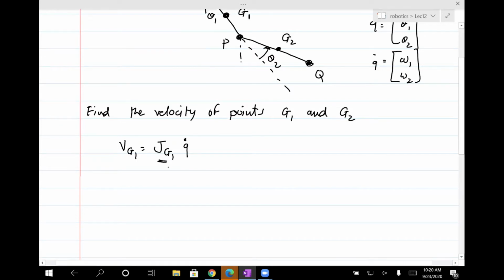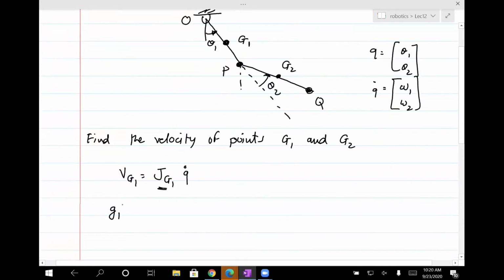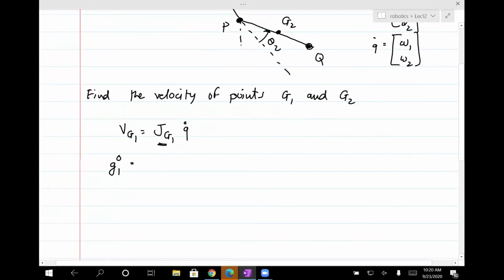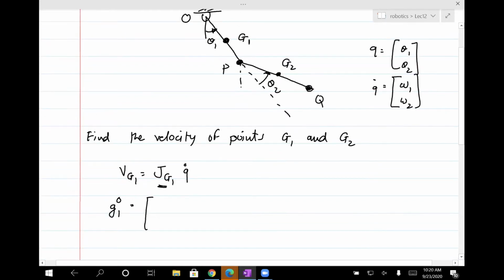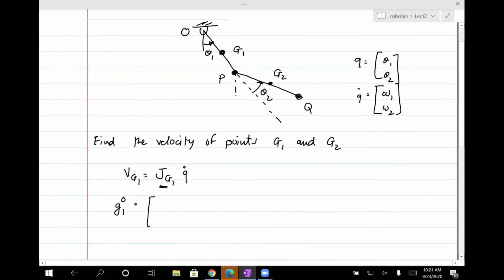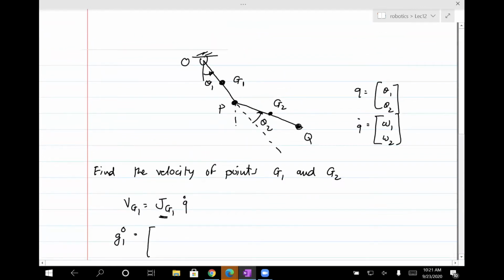So what's f? F is basically the position of point G1, so I need to find the position of G1 in frame 0. You should refer to the notes for the formula, or you can actually do it by trigonometry here. Let me draw the axes, x0, y0.